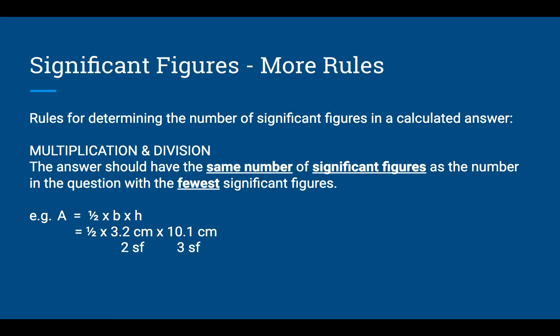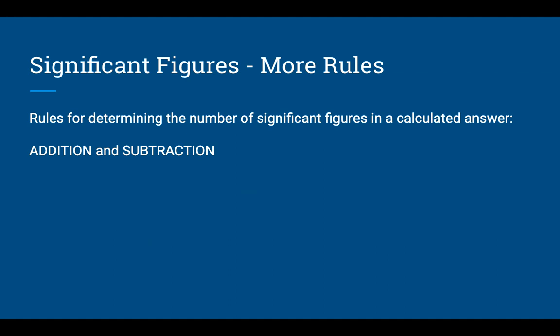Which is the lowest? Well, 2. So that means your answer can only have 2. So when you put that in your calculator, you get 16.16 centimeters squared, but you can only give your answer to 2 sig figs, so you have to express it as 16 centimeters squared. And we'll go over the rounding rules at the end of the video.